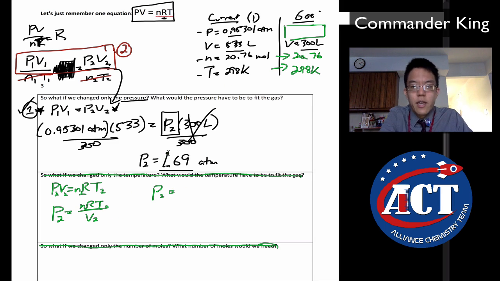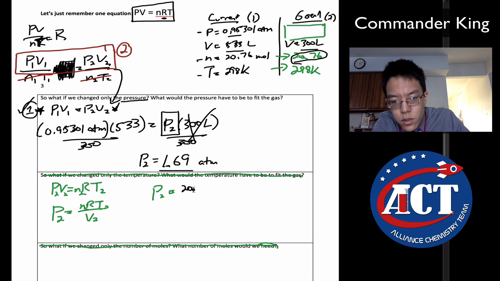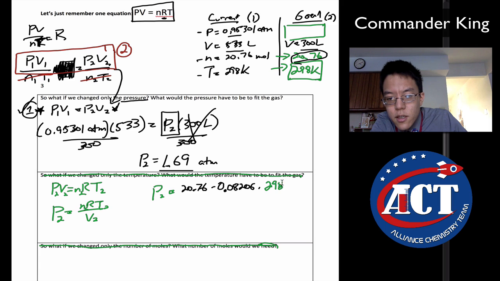So let's plug in n. n is 20.76 moles, times R. R is 0.08206. T is, sure, let's use green, T is 298. And finally, the volume of what I want to get it to, 300 liters, going to divide by 300 liters, and it should get me the same thing.